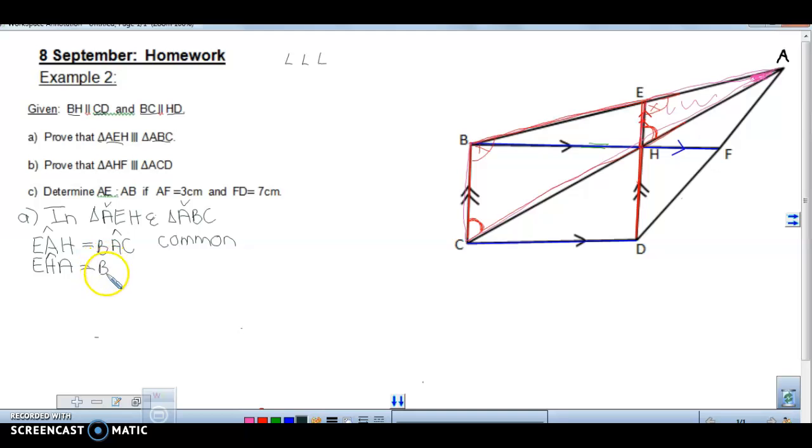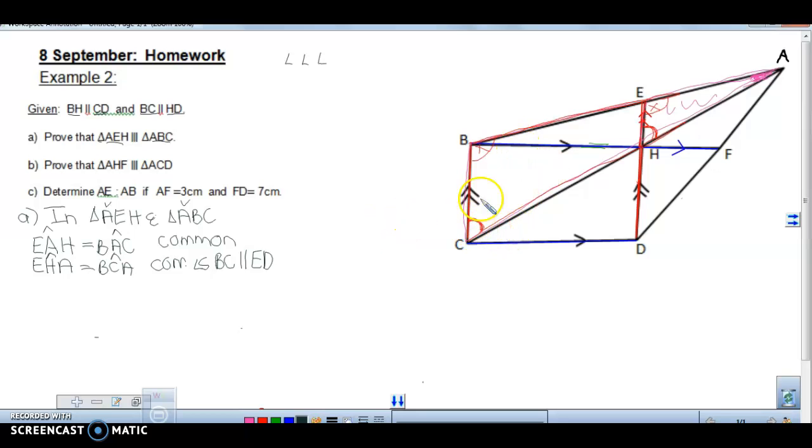So let's call it BCA. And the reason is they correspond. So I've got corresponding angles here. And they're equal because BC is parallel to ED. So let's say BC parallel to ED, and you must always put that in because corresponding angles aren't necessarily equal. The lines must be parallel.